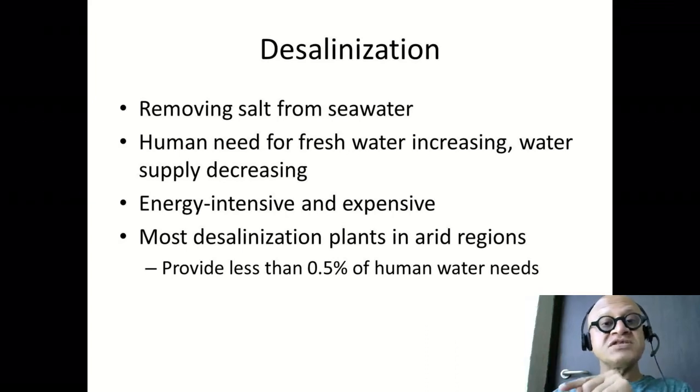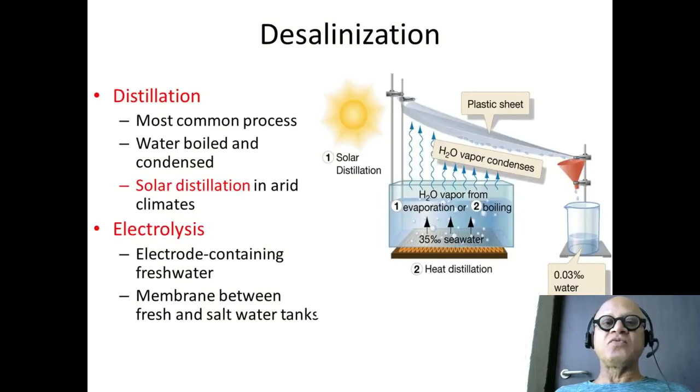So global warming is creating water problems, and you're doing desalinization to deal with water problems, but desalinization is again adding to global warming. Most desalinization plants are in arid regions, as you can expect, but so far they still provide less than 0.5% of the water needs. But as I said, it depends on where you are. If you're in the Middle East, they're providing almost 100% of the water needs.